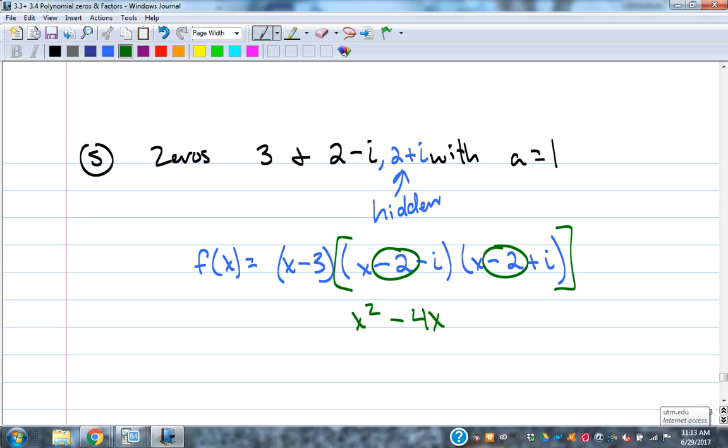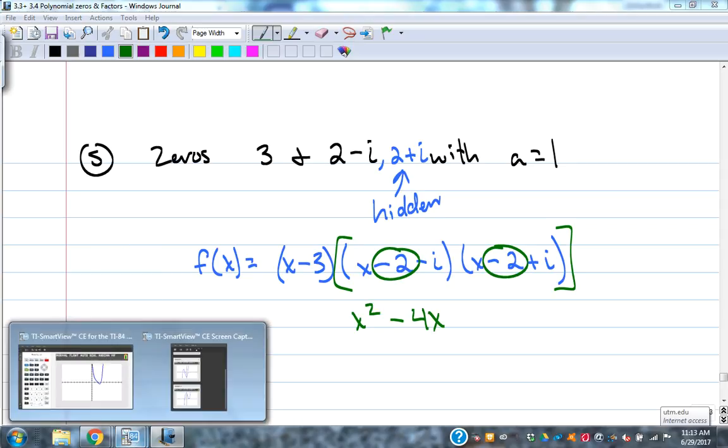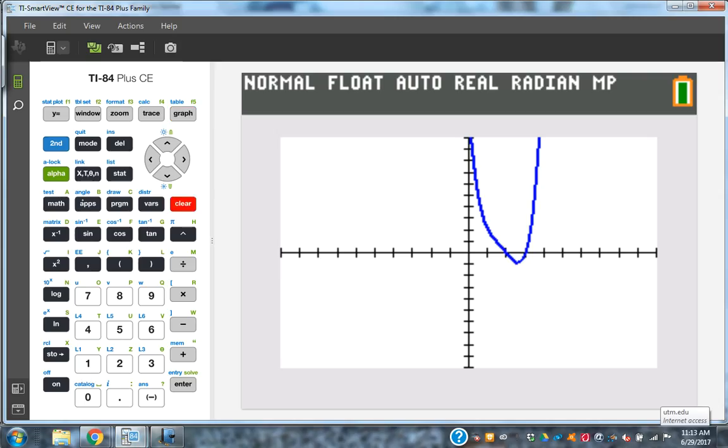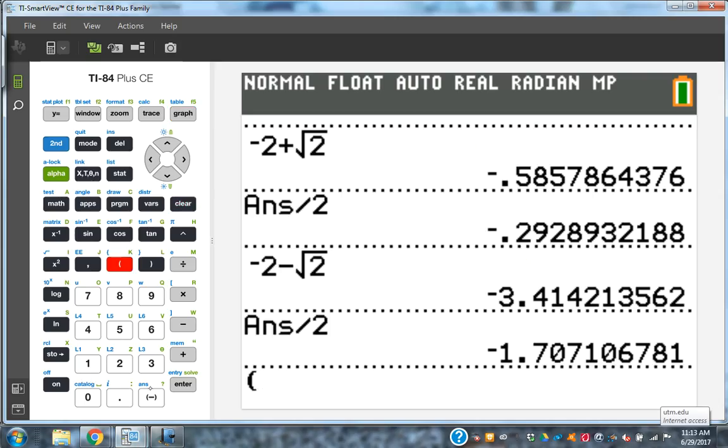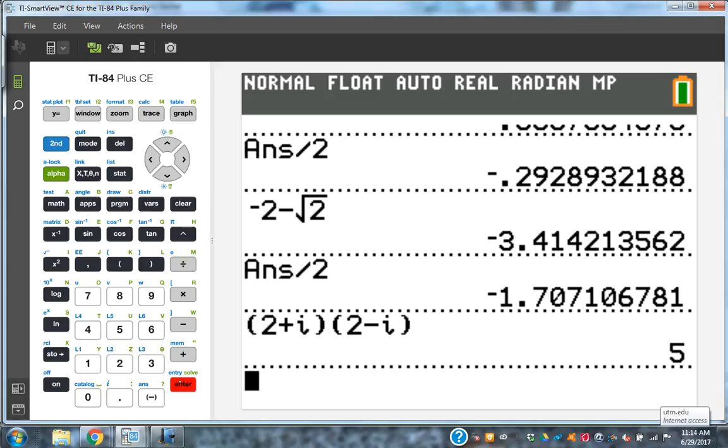Now, to get the number that's on the end, we're going to use the calculator. Because I can take 2 plus i times 2 minus i and get that number. It's the number 5. So I'm taking the two complex zeros and multiplying them together.